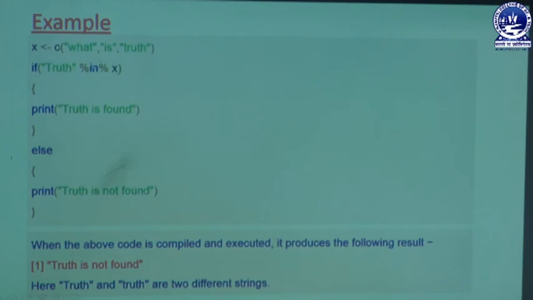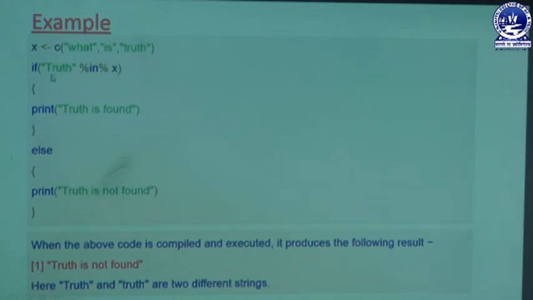You can see here there are 2 truths, one started with small t, and one started with capital T. So you have to remember that when we are choosing the character, small t is one character and capital T is another character. So the words are not similar. This is one character value, and it is another character value.